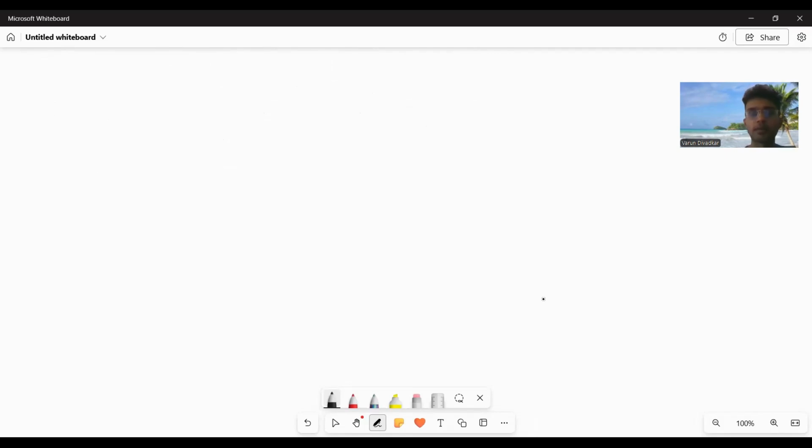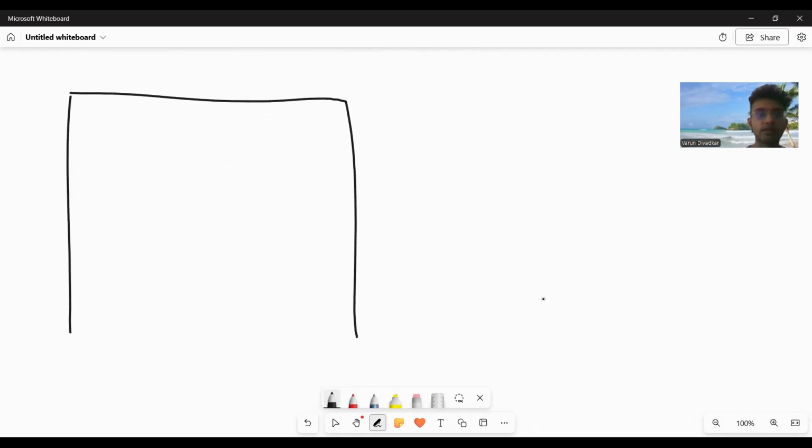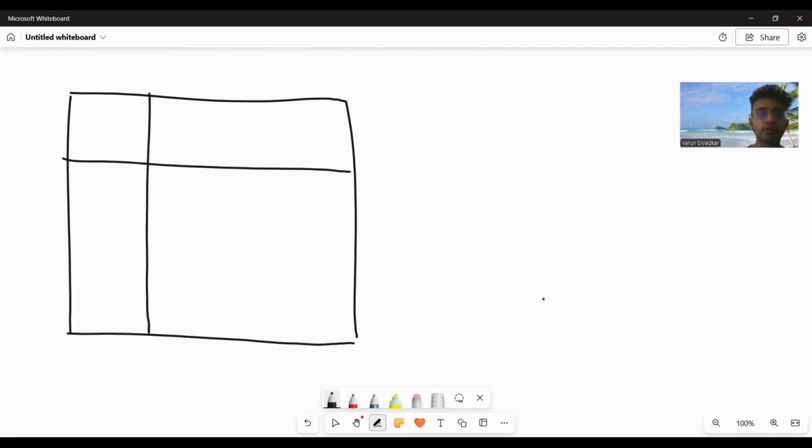Let's say you have a typical problem that looks like this: you have a table here where you have two different fruits categorized into two different types, based on the radius and the weight.